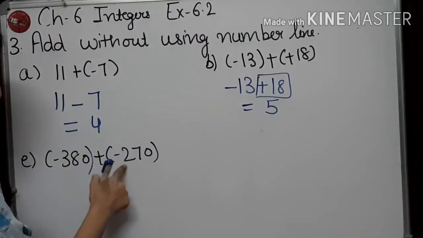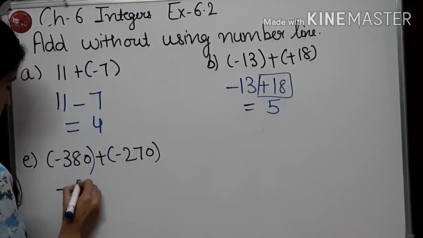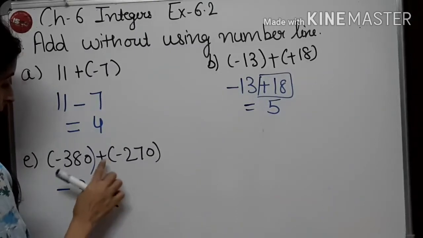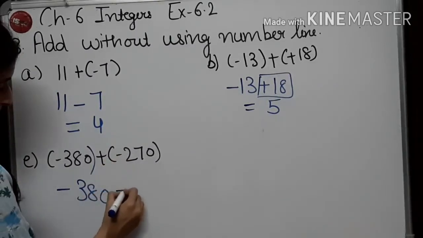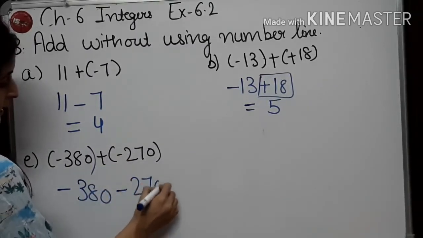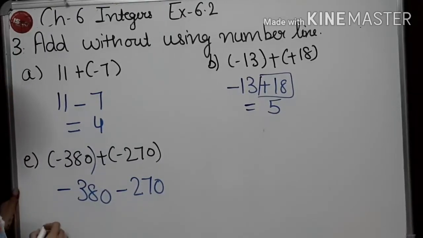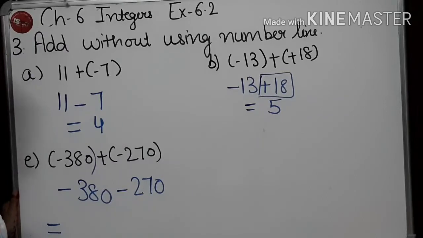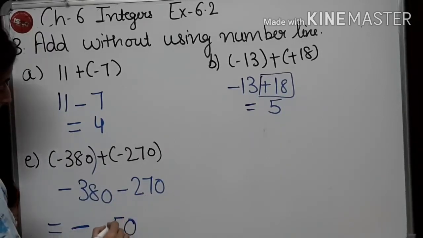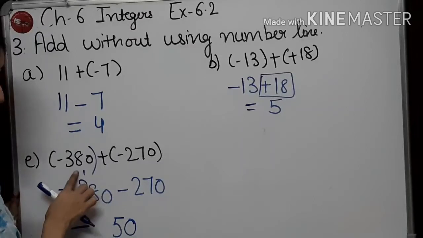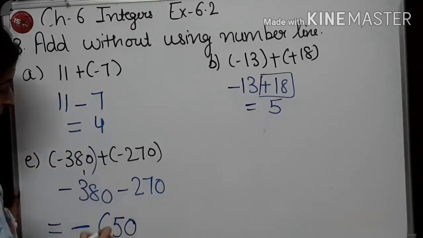-380 plus -270. So -380 and plus minus is -270. Now as I have told you, minus minus is plus, but the sign will be of negative. So 0 plus 0 is 0, 8 plus 7 is 15, 3 plus 1 is 4, 4 plus 2 is 6.